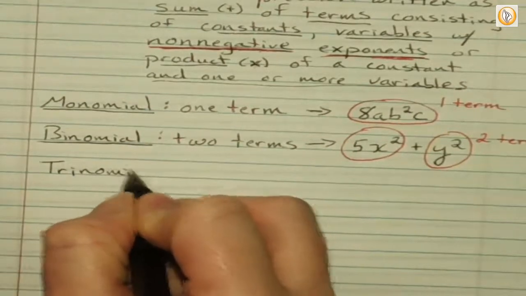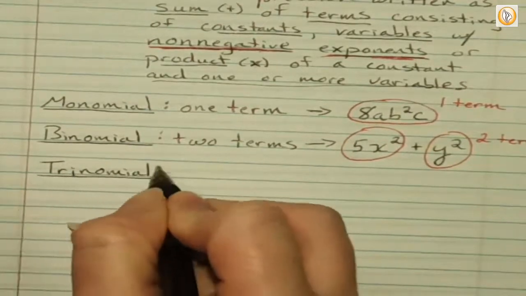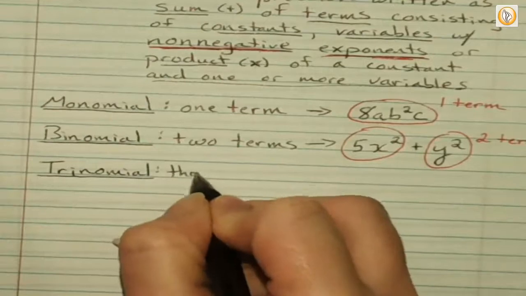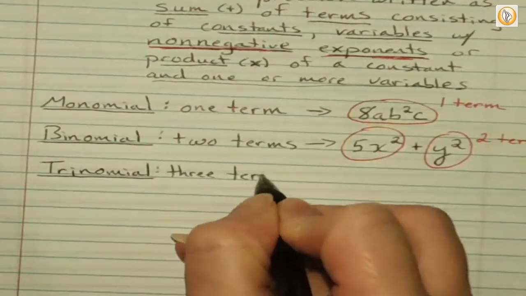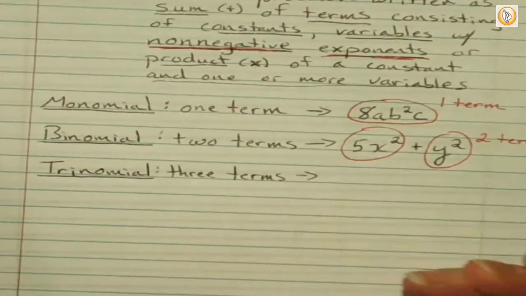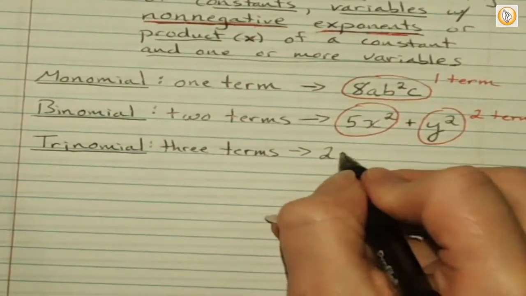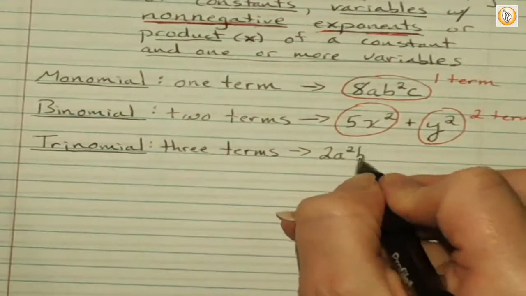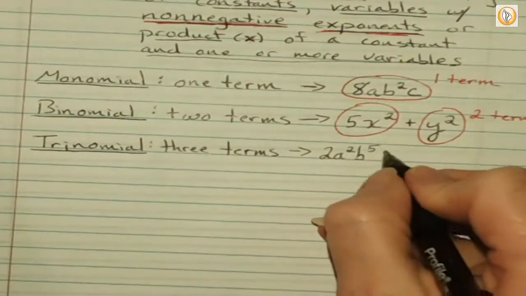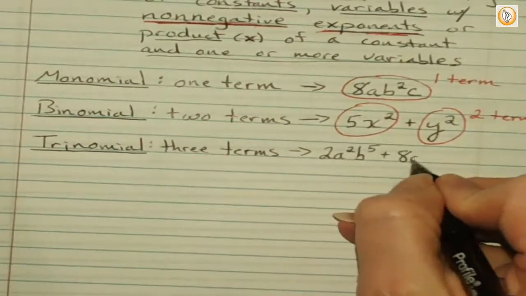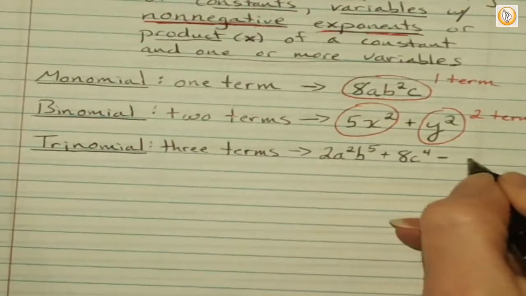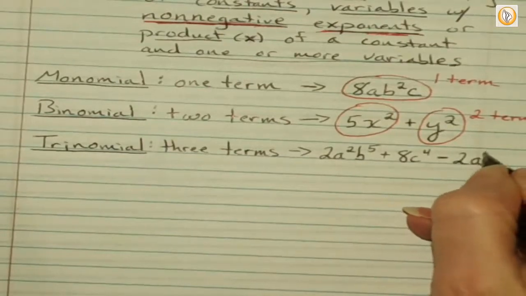Trinomial. How many terms do you think this one is? That's right. Write it down. 3 terms. So for example, if I had 2a squared b to the 5th power plus 8c to the 4th power minus 2a to the 5th power.